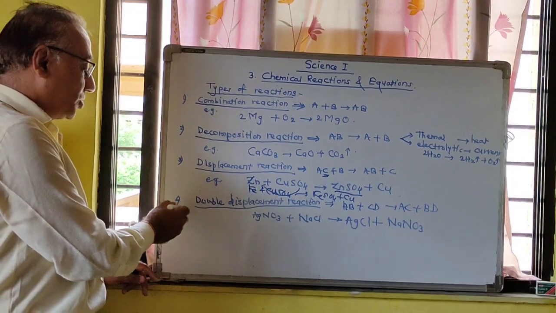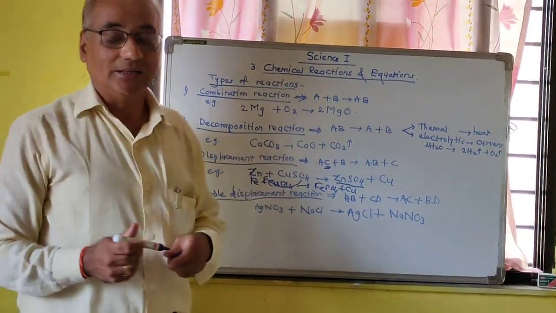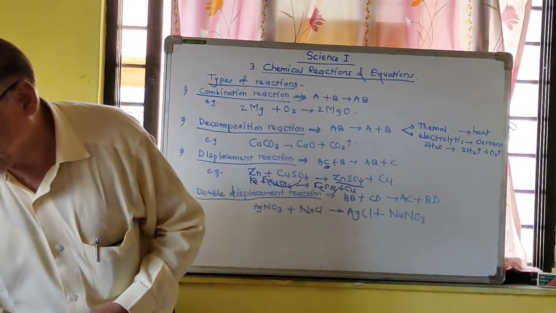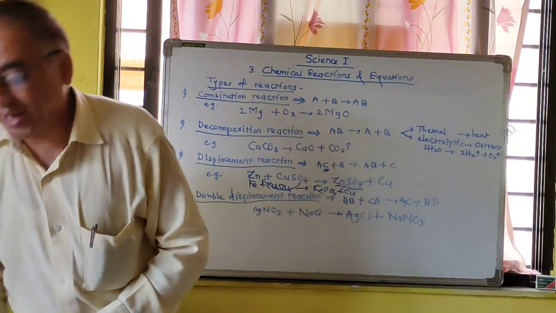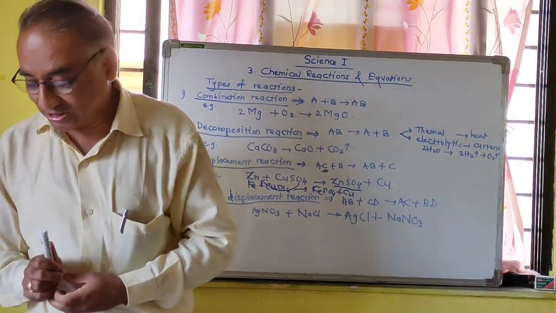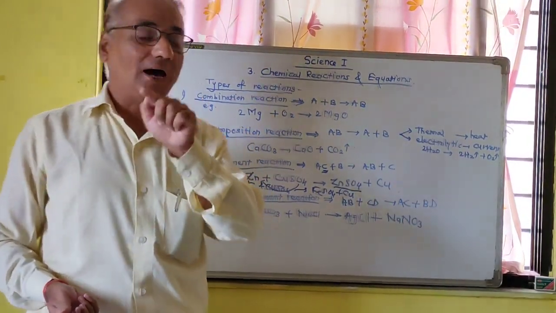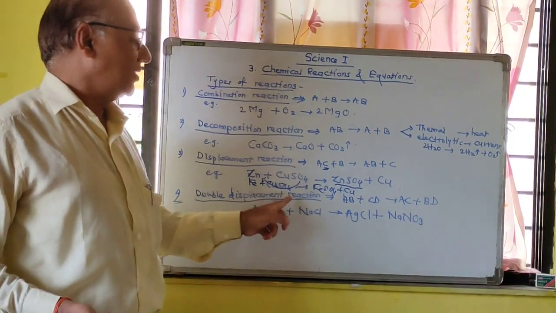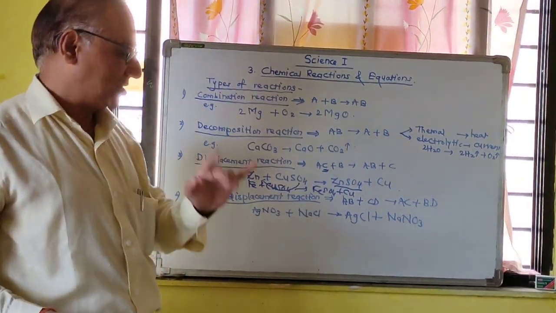Now the fourth type is double displacement reaction. In a double displacement reaction, the ions in the reactants are exchanged to form a precipitate. Now mathematically how can we represent it?